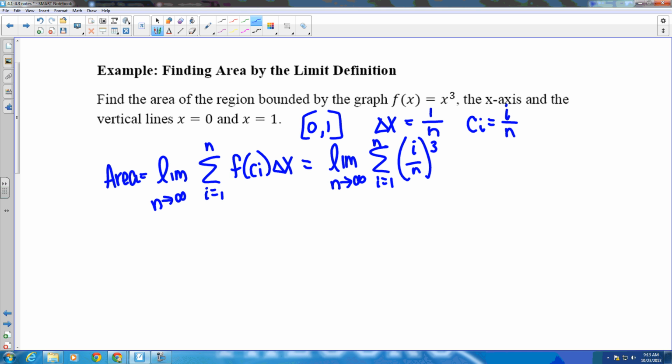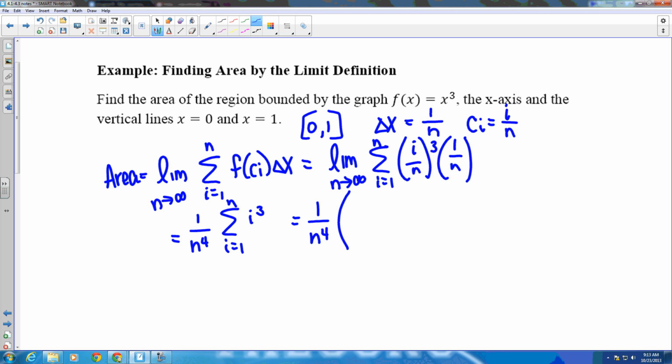f of c_i is going to be i over n quantity cubed times 1 over n. I'm going to save writing the limit over and over and over. We're going to keep that until the last step. We can pull out a 1 over n to the 4th, and now we are just taking the sum of i cubed. And the sum of i cubed is also on that first page. It's n to the 4th plus 2n to the 3rd plus n squared over 4.